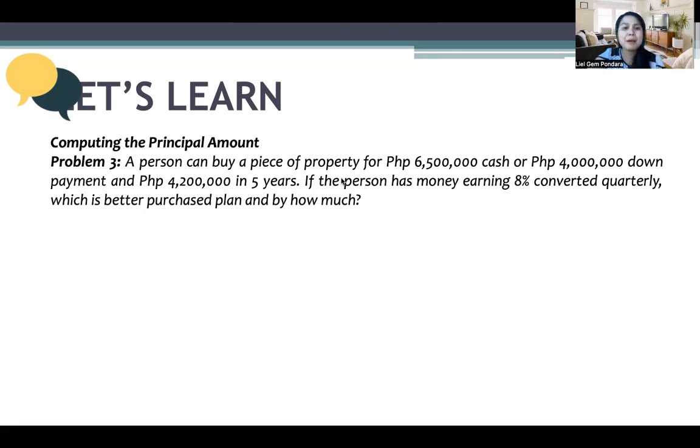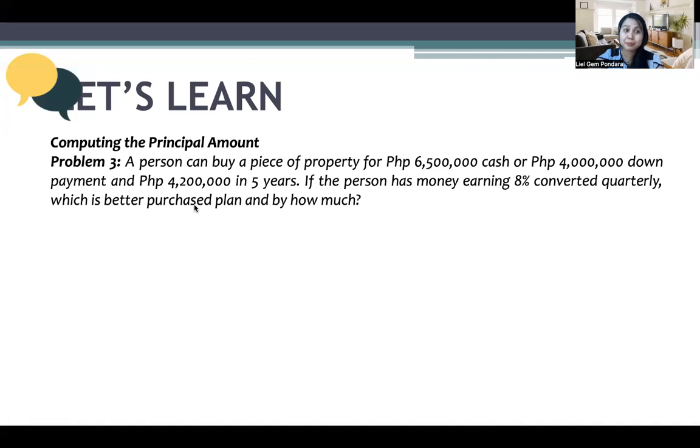years. But remember that this person will not pay 4.2 in 5 years. Instead, this person will place money in the bank that earns 8% converted quarterly, and that amount will turn into 4.2 million in 5 years.